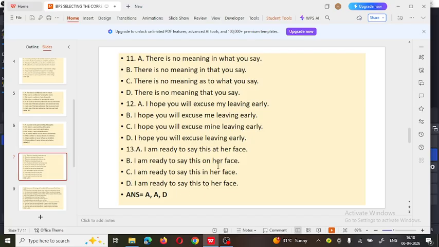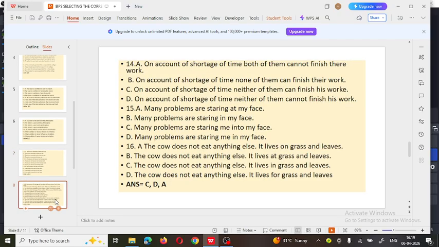So at, on, in, when we are using this preposition to indicate a particular point or place, isn't it? So option D, I am ready to say this to her face. So that is the clear meaning in this sentence.